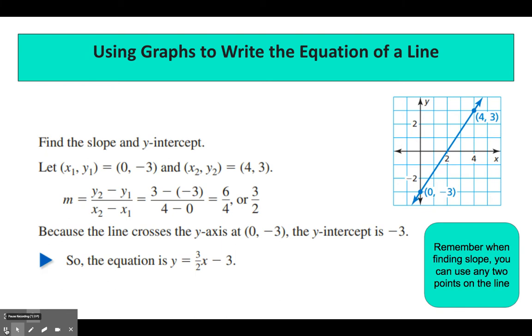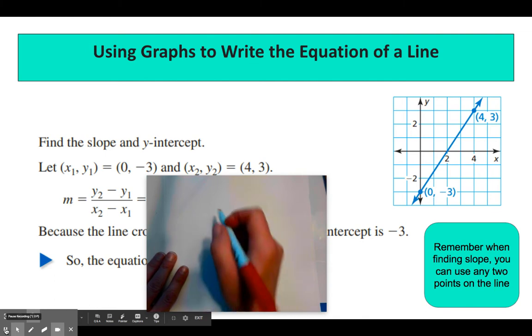So first you were given the slope and given the y-intercept. Now I want you to be able to solve for the equation of a line if you are only given 2 points. So from any 2 points that are on this line, you should be able to derive the equation. The first thing you should be able to do is find the slope by taking the change in y over the change in x.